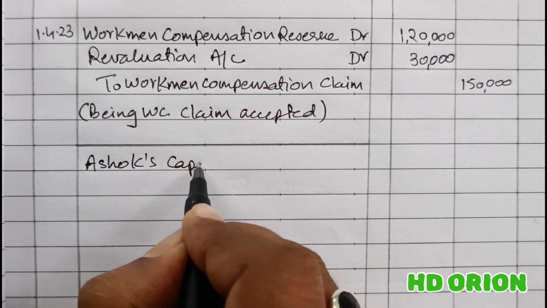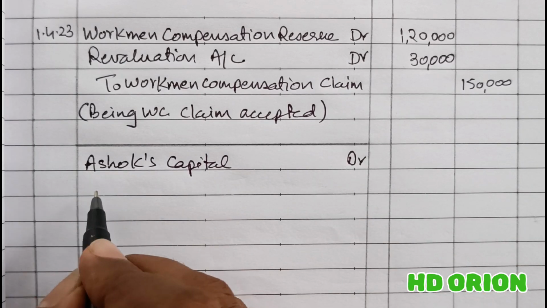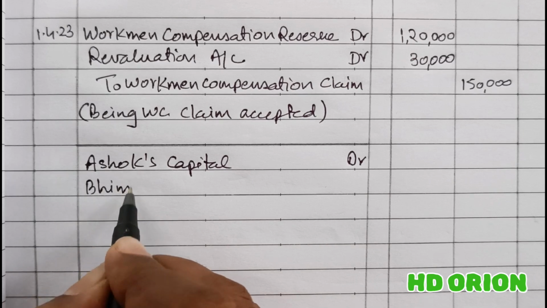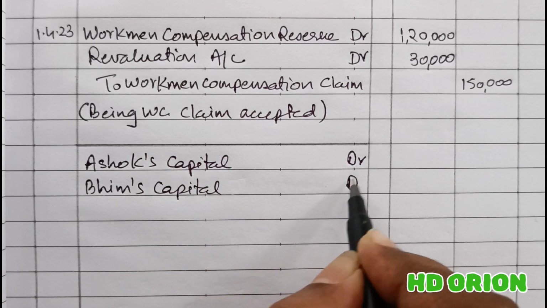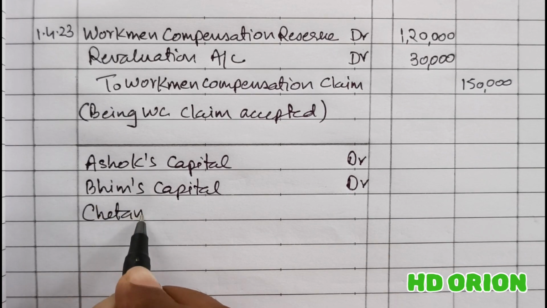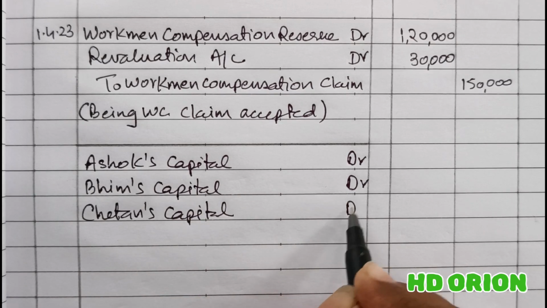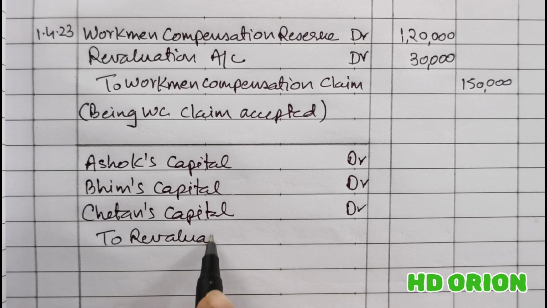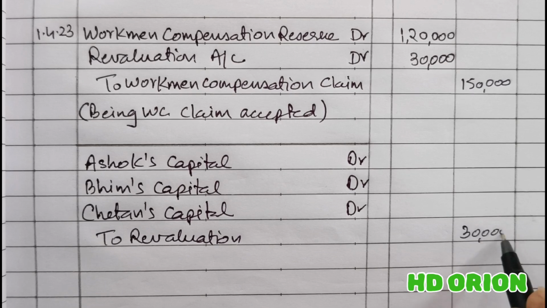So Ashok's capital account is debited, because capital accounts are fluctuating. Bhim's capital account is also debited, and then Chetan's, to revaluation account or profit and loss adjustment account, 30,000 rupees.